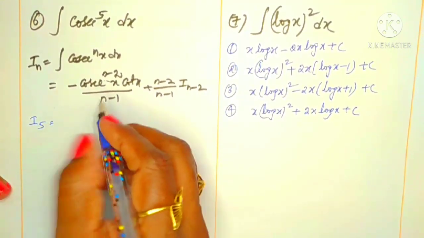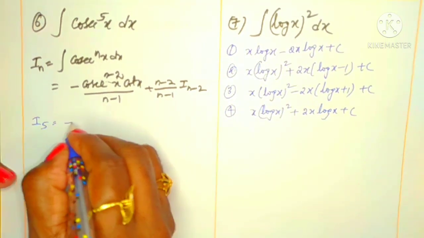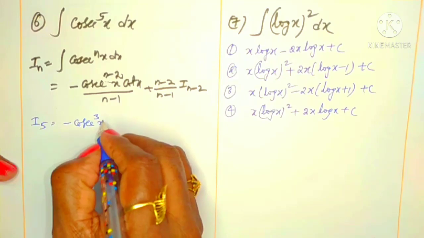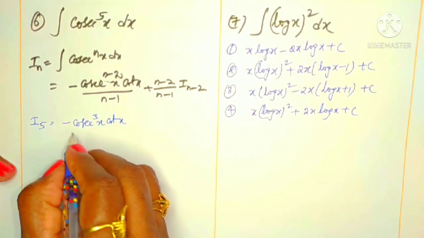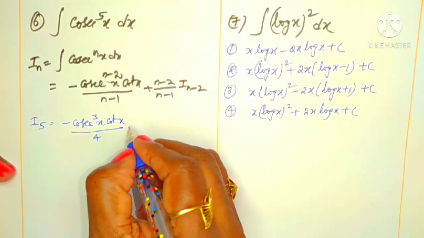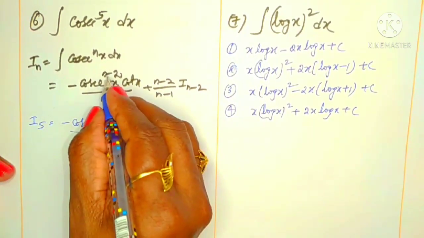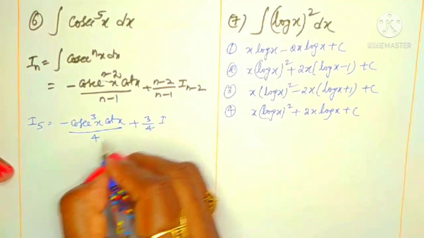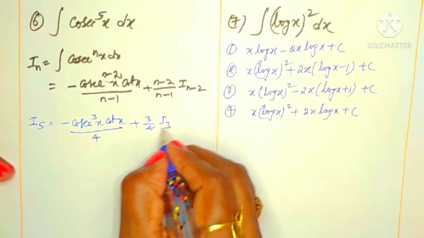I5 means in place of n we use 5: minus cosec^(5-2) x, that is cosec^3 x, cot x by (5-1), which is 4, plus 3 by 4 of I3.